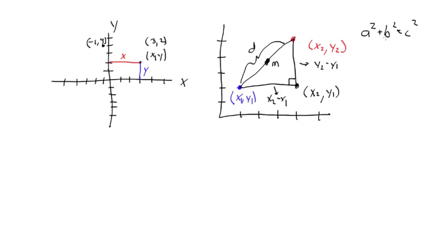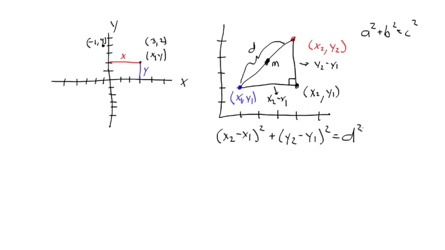So if I put this into my Pythagorean theorem, where a is, say, the length of this side and b is the length of this side, I get that (x2 minus x1) squared plus (y2 minus y1) squared equals d squared.